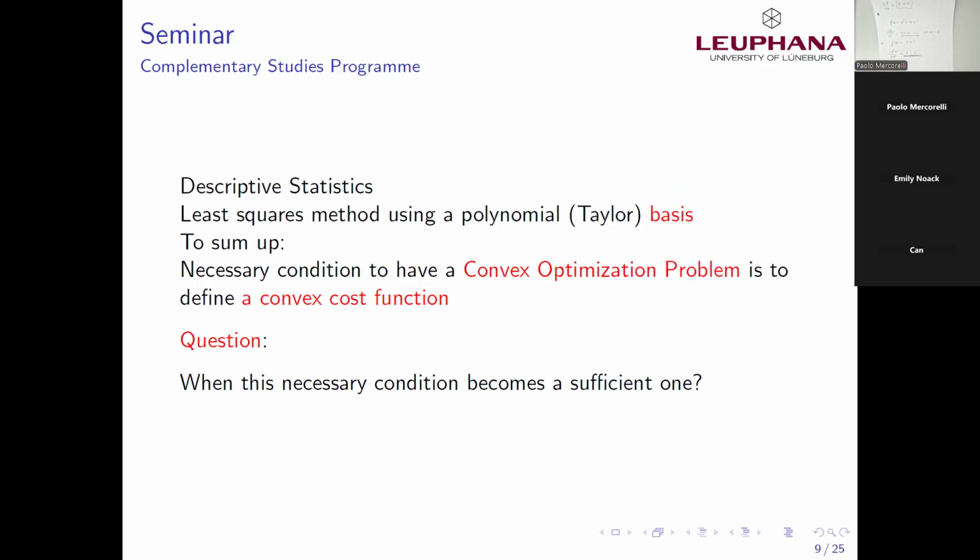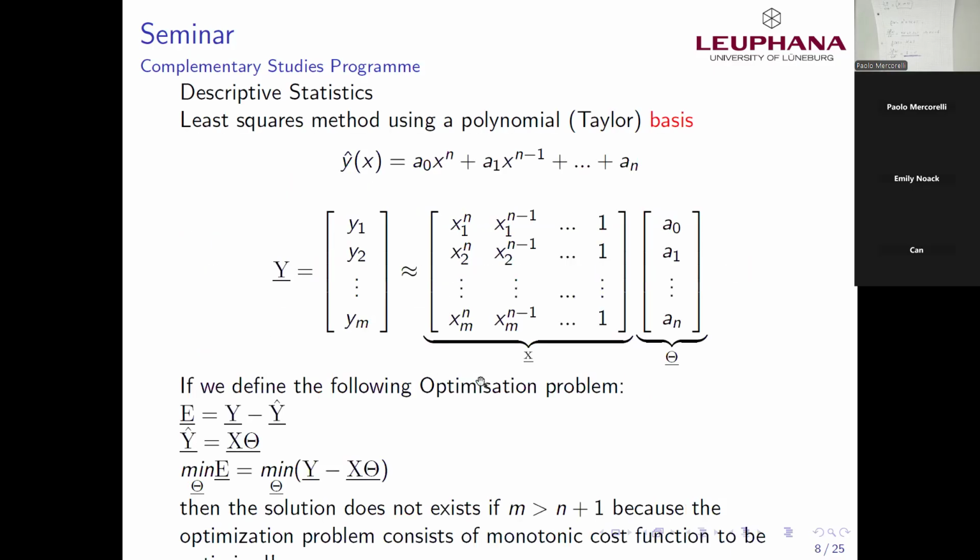Therefore, we say that we necessarily need a convex cost function, but also the constraints must be particular. I already answered you about the constraint: it should be a constraint in which I can see this separation between what I know and what I don't know.